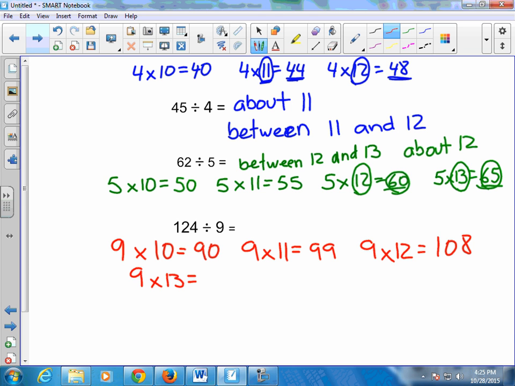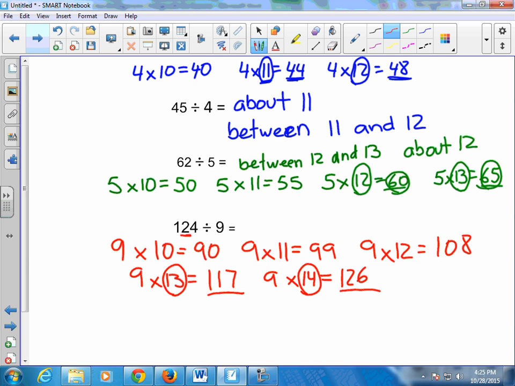9 times 13 will be 9 more than 108, so that is 117. Still not close, so let's do one more. 9 times 14 is 9 more than 117, so that's 126. Okay, we're here and we went over. So what do we see? I got these two numbers that are pretty close to my dividend, and the factors that I used to multiply the 9 are 13 and 14.